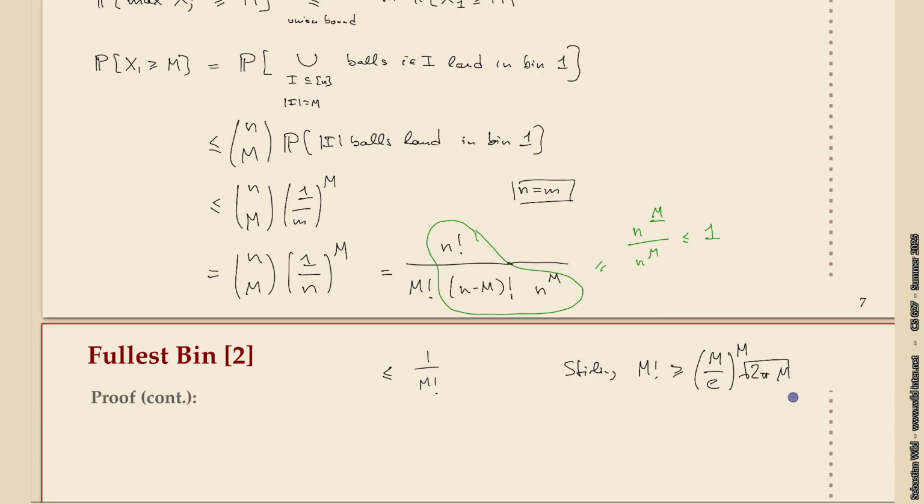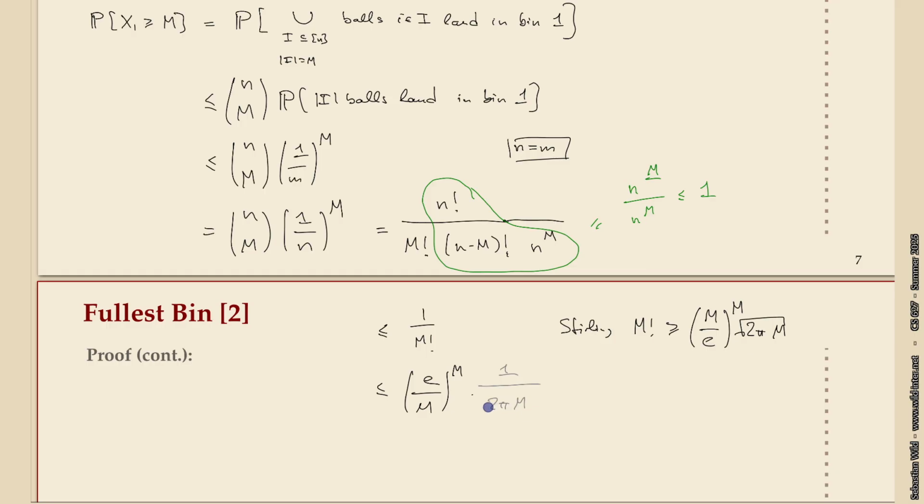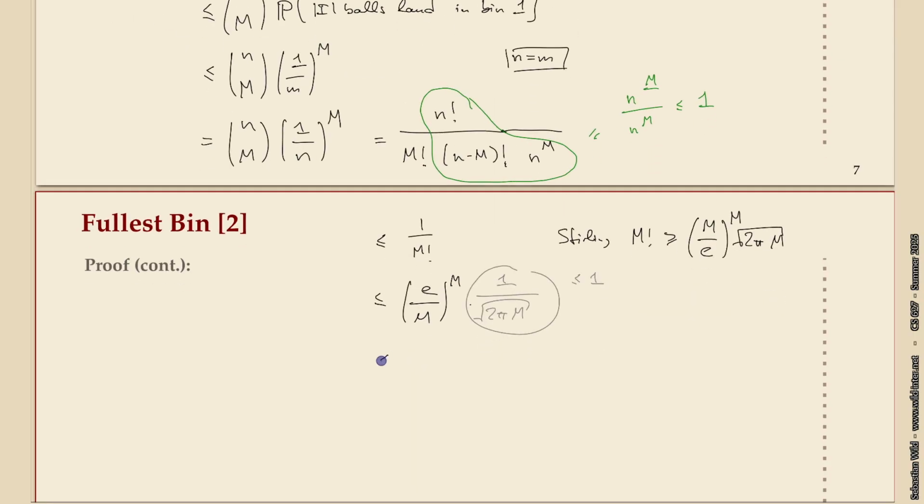So this is true, and then you can continue here to get e divided by m to the power m. And then this other term here, because it's 1 over m factorial, we get 1 over the square root of 2 pi m. Again, that's less than 1, so we can just drop it if we want to continue our inequality.